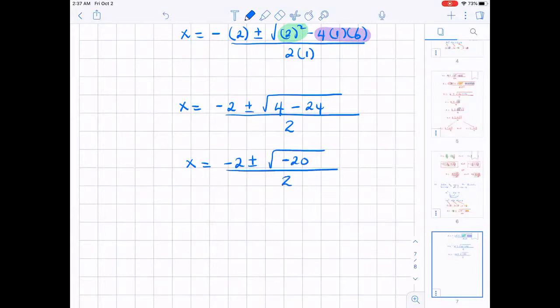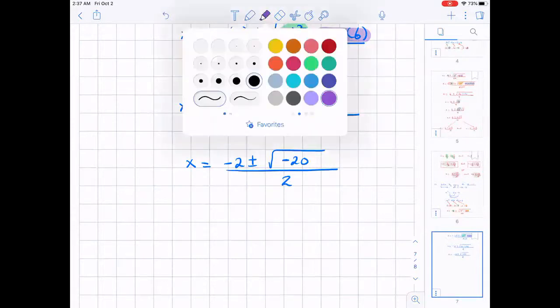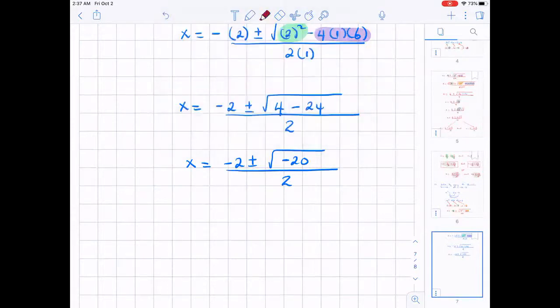Now this is what I said earlier. You know that whenever your discriminant is negative, I think I said determinant or discriminant, okay, the discriminant is negative, that you will get imaginary solutions, okay?